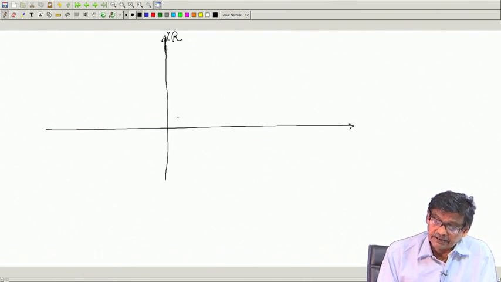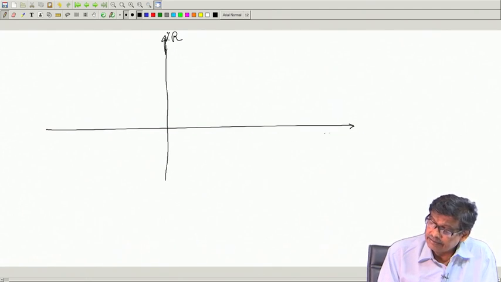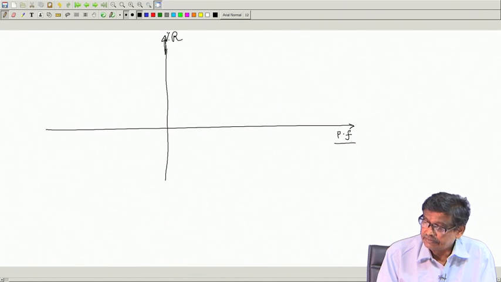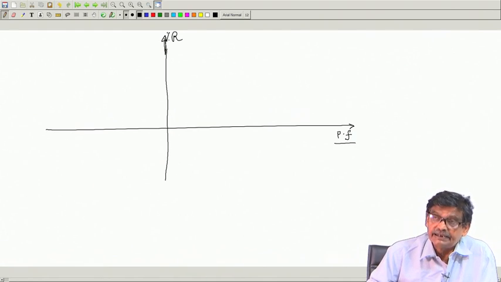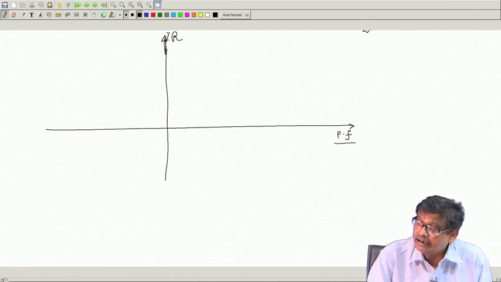The regulation curve, and this is suppose you sketch power factor at rated current.